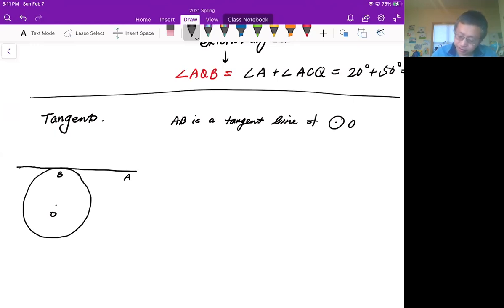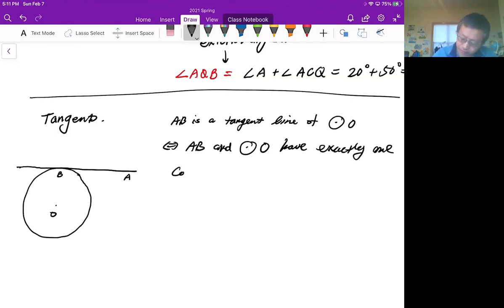So that means AB and the circle O have exactly one common point. If you have only one common point, that's called a tangent line. If you have two intersection points, that's called intersecting.